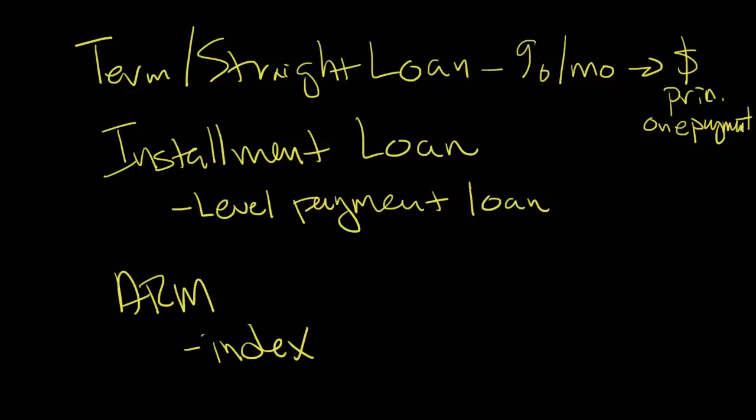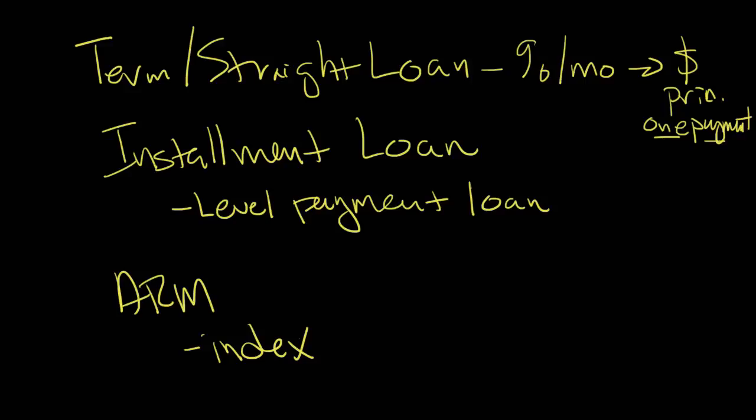So for real estate, we usually don't use those, because no one wants to borrow $300,000 for their house, pay interest on that, and then at the end of the loan come up with one $300,000 payment. That's not really practical, but it is a thing that you should be aware of.